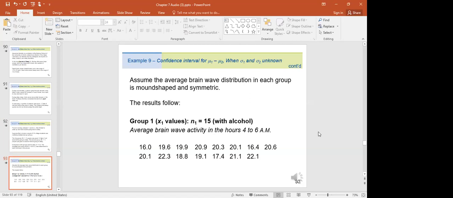You will go to start and then you can see the whole data is there. Take your cursor to L1, click clear and take it down, and you will clear the values. So on L1, we want to enter the brainwave activity between 4 and 6 a.m. for the first group, the group that took alcohol. We have 16. If you have trouble, let me know.